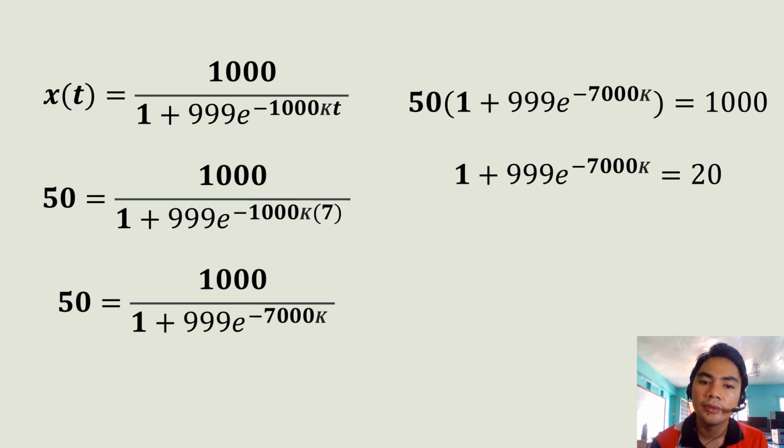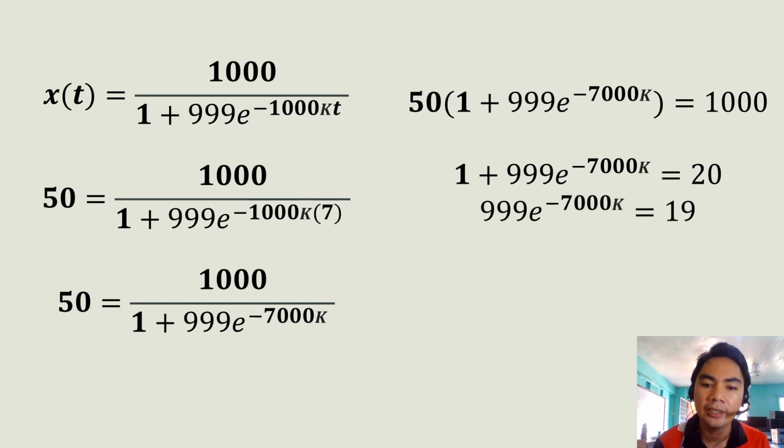So by this, simplify, divide both sides by 50. So 1000 divided by 50 is 20 on the right side, and this is now our equation. By this, let's subtract both sides by 1.